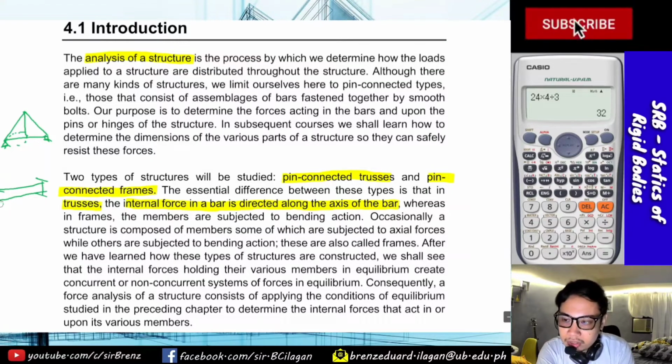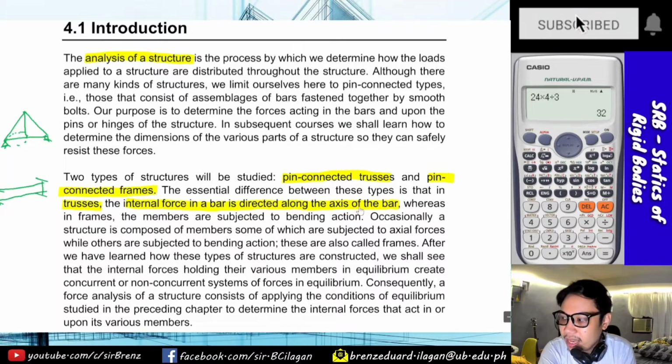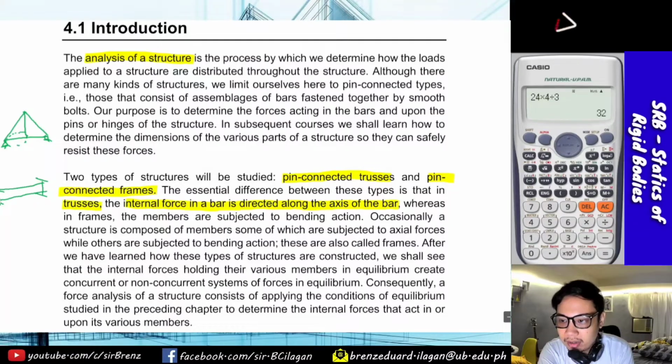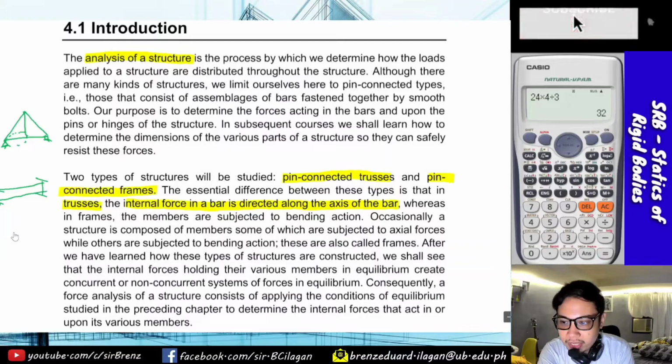Okay. So, yung load mo, ano ba sabi dyan, is directed along the axis of the bar. So, kapag truss problem naman, it's either in compression ka or tension and acting along the bar. So, acting along dito sa section na to. So, kung ito ay I-section, ayan. So, acting dito, or with reference to sa axis ng bar mo.